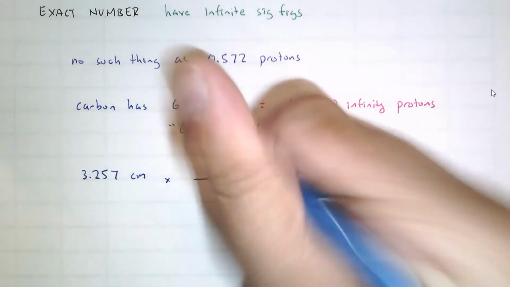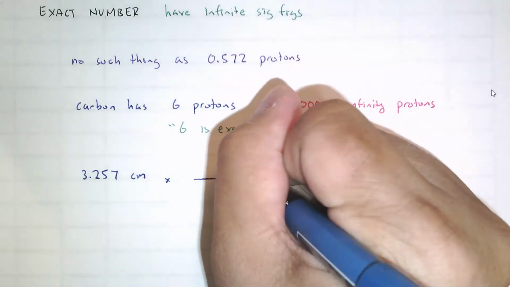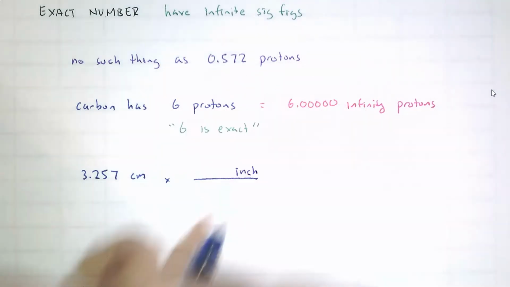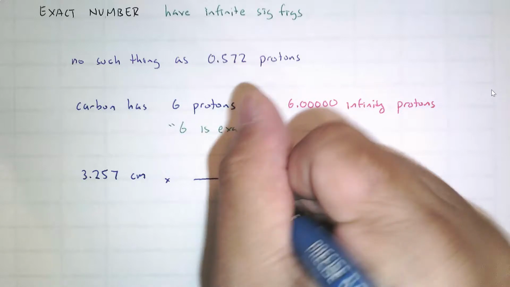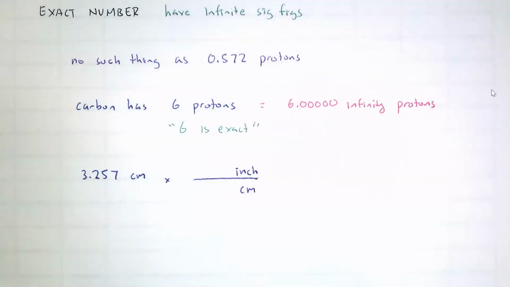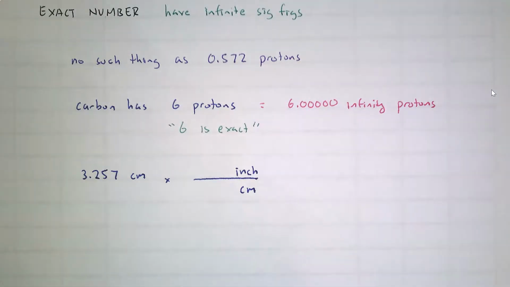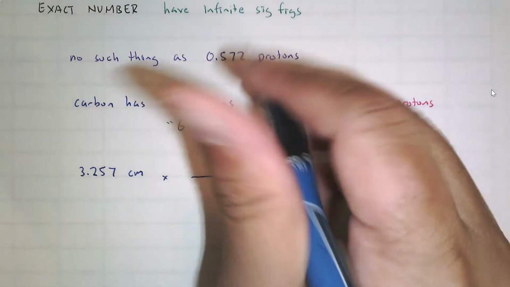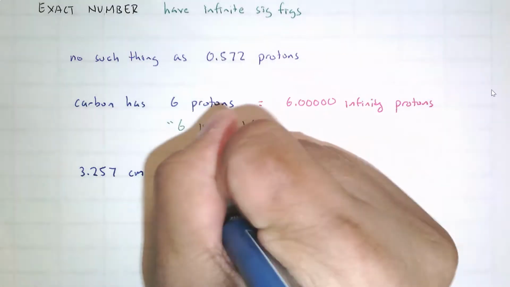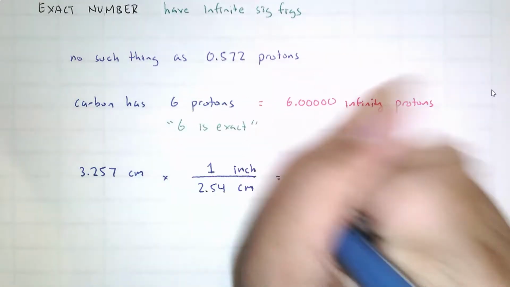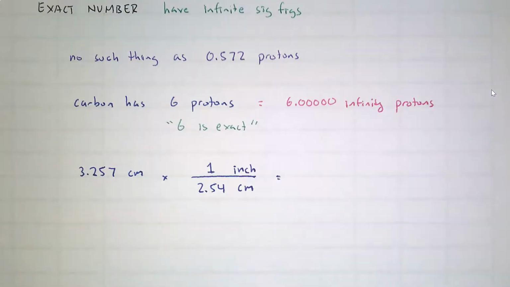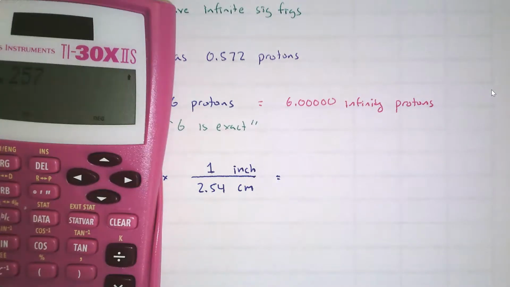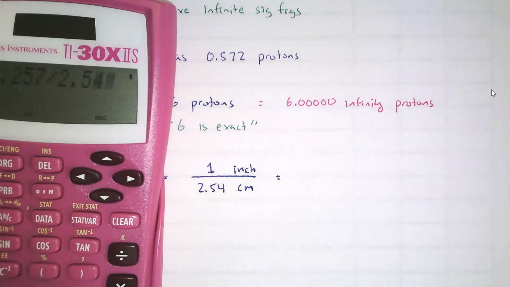What was the trick? You set up your dimensional analysis, okay, to cancel out the units you want to cancel out. And when we look this up online, it says that 1 inch equals 2.54 centimeters. Okay. When we do that calculation, 257 divided by 2.54.